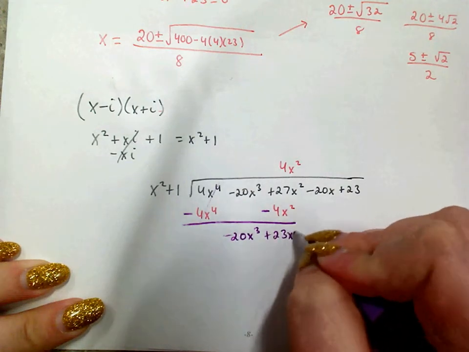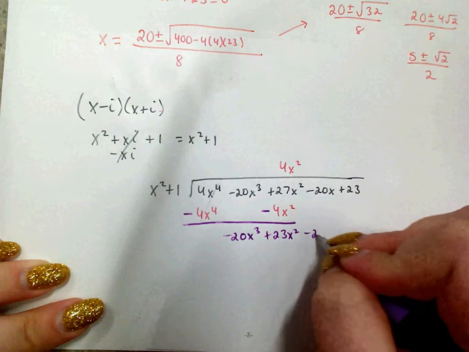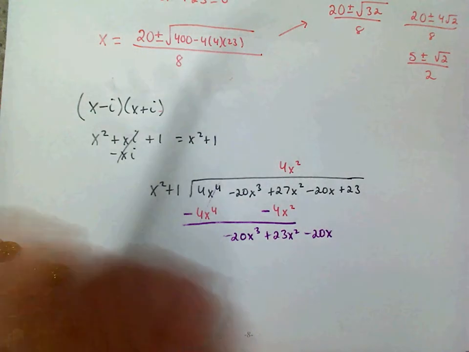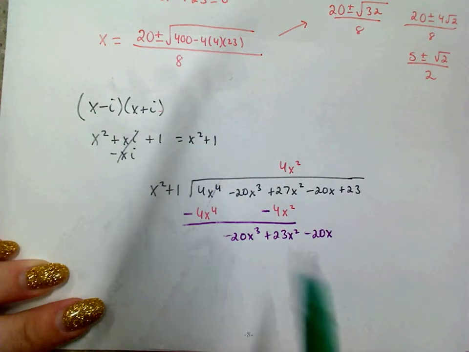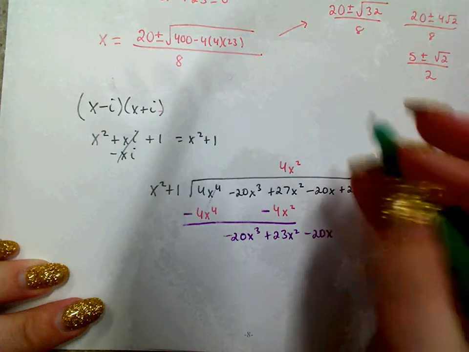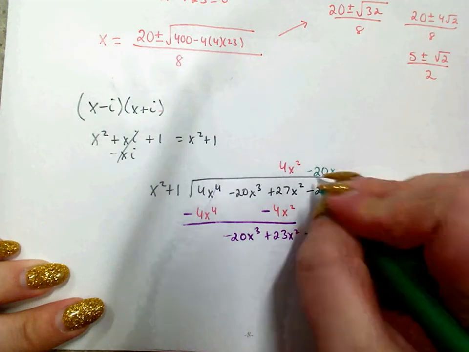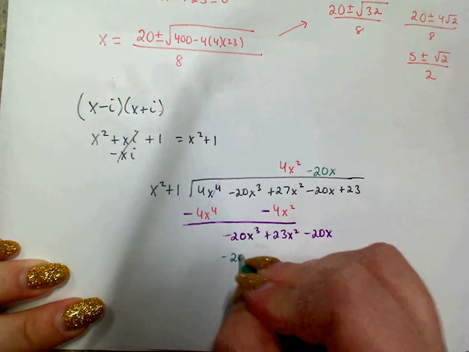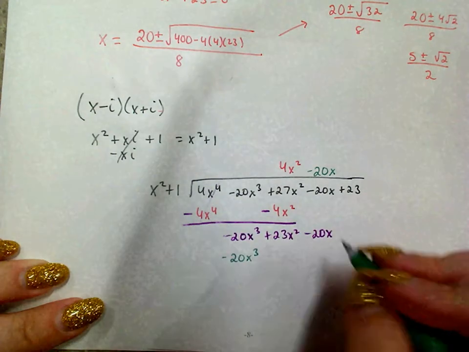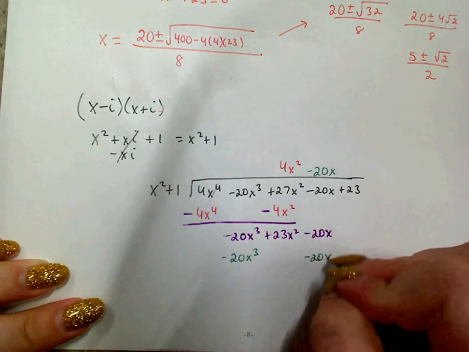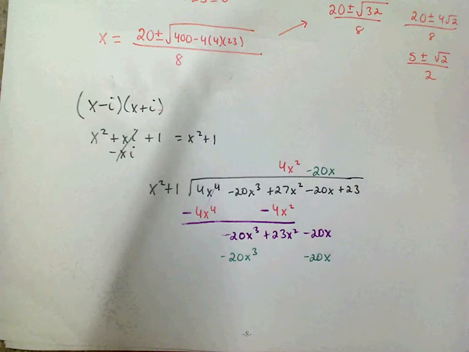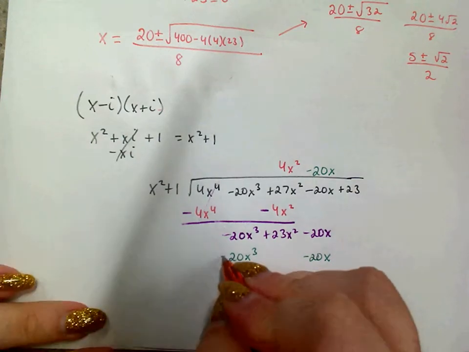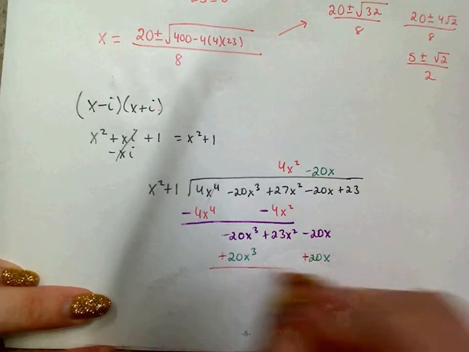So then we think, what do I got to multiply x squared by to get negative 20x cubed? And that is a negative 20x. Negative 20x times x squared is negative 20x cubed. Negative 20x times 1 is a negative 20x. And you change the signs for subtract. This becomes a plus, this becomes a plus. They both go away. I'm left with 23x squared plus 23.